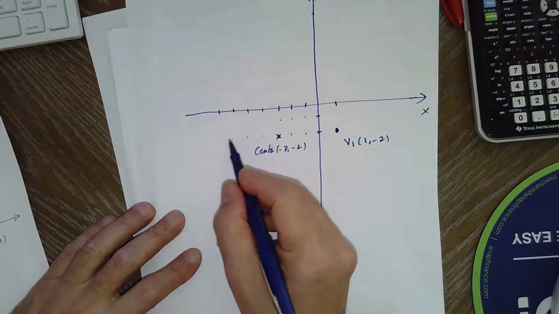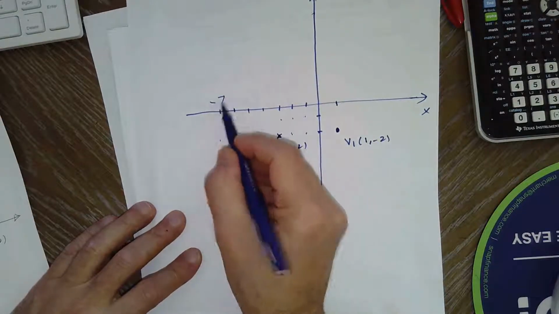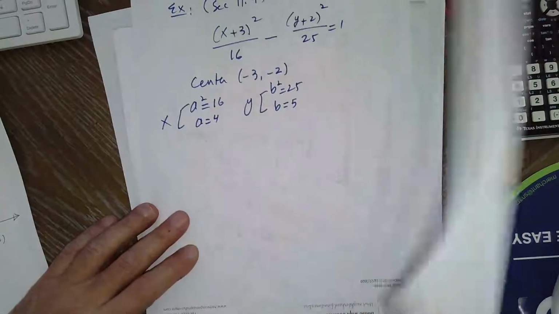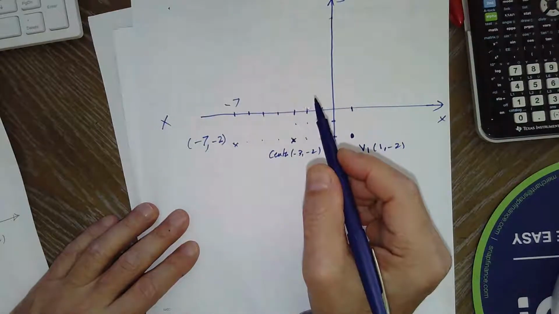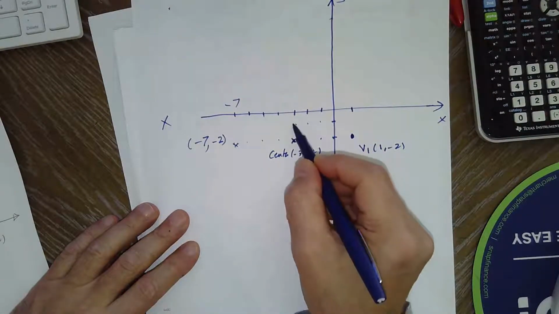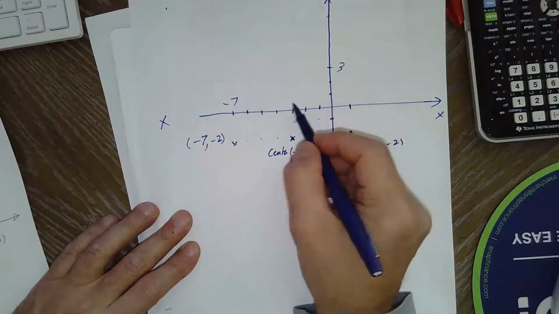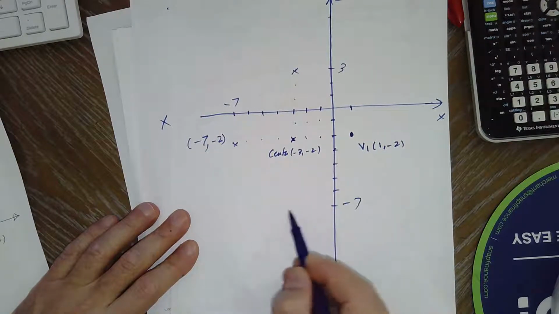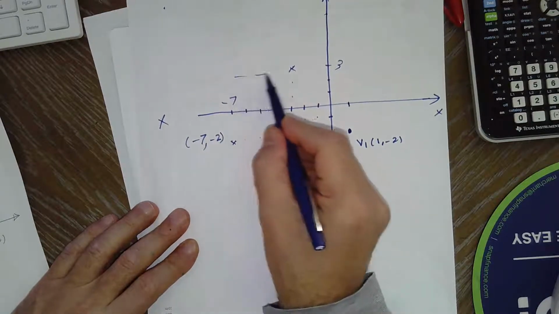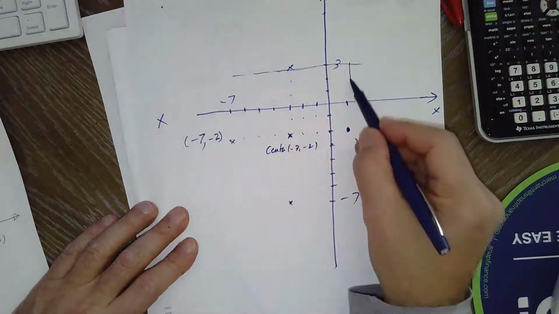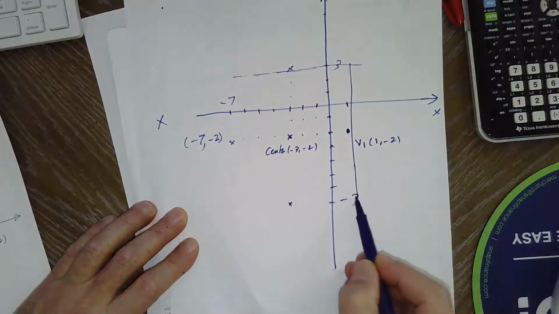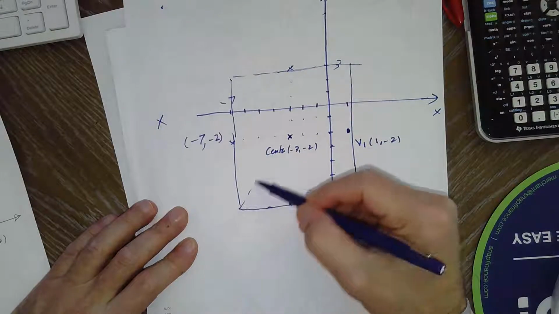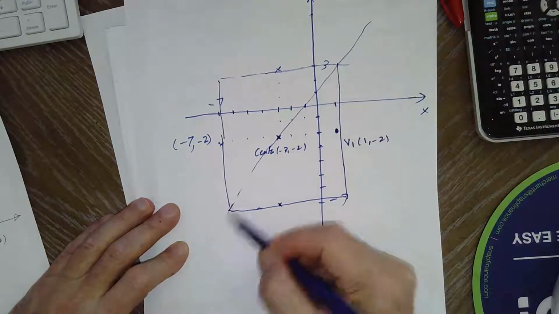This is the vertex at -7, -2. The B values are 5, so we go up 5 and down 5. 1, 2, 3, 4, 5, and then 1, 2, 3, 4, 5. So we have a box. The diagonals of the box through the center are the asymptotes.